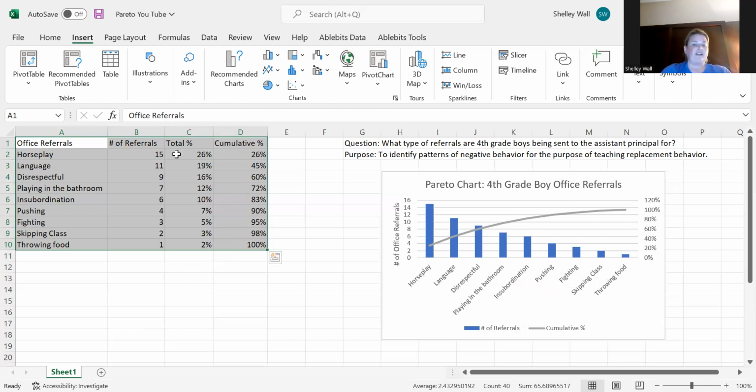If you go over here and look, horseplay, language, disrespectful, playing in the bathroom, insubordination, it's 83%. So these are your vital few, and the excess are your trivial many.